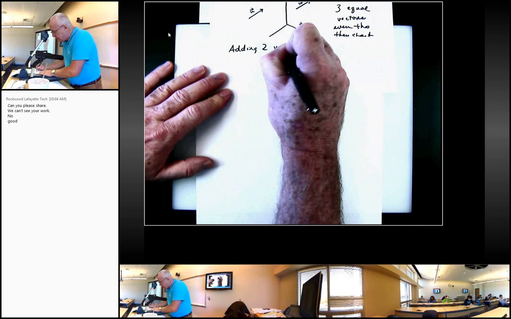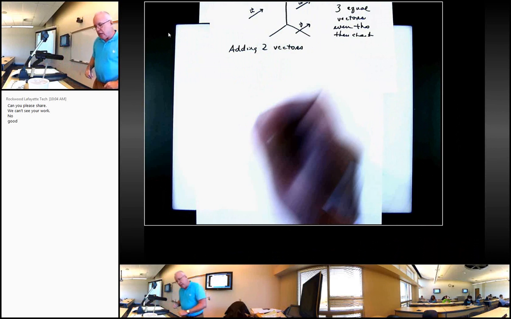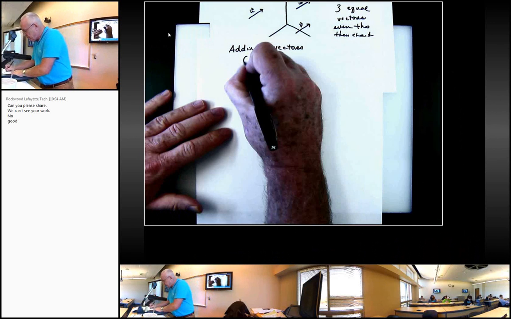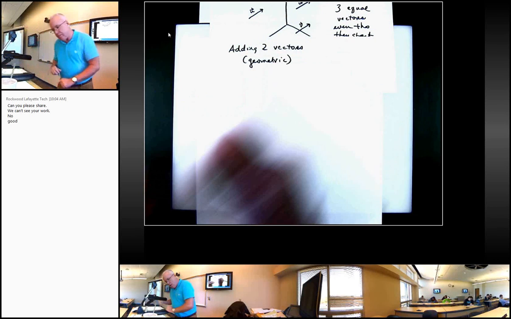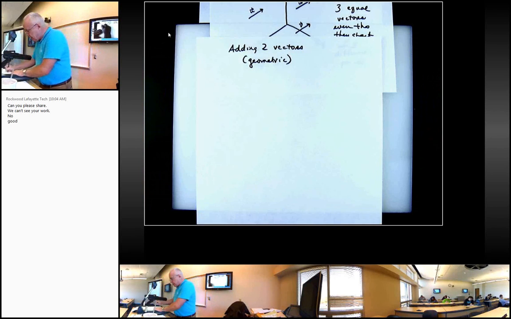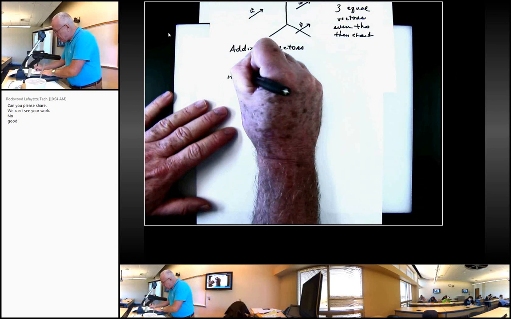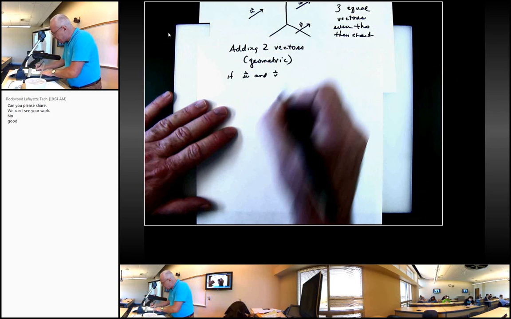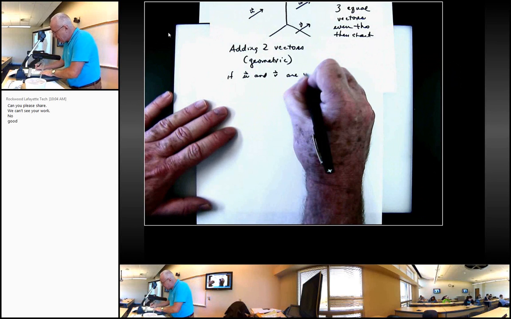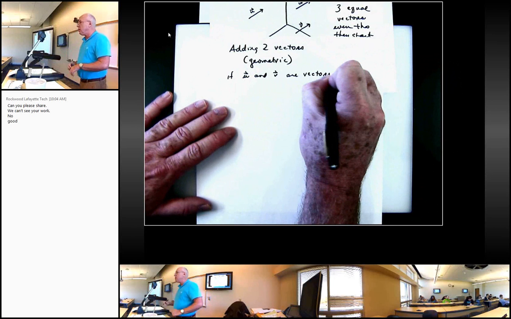So this is going to be the, shall we say, the geometric way. All right. So basically, if u and v are vectors in space. And when we talk about space here, we're talking about three dimensions.